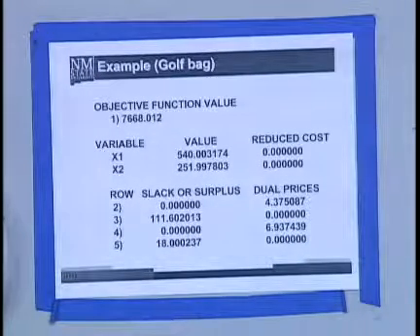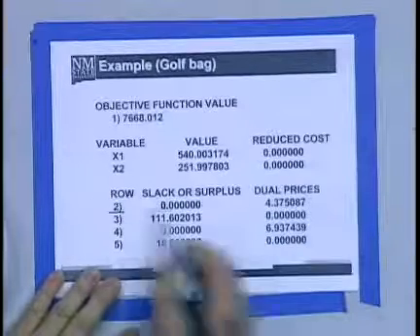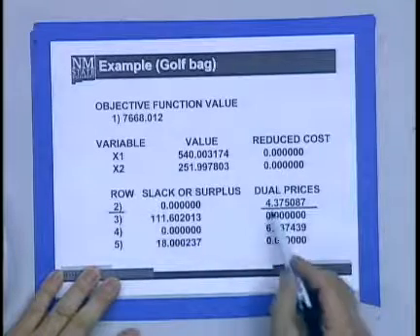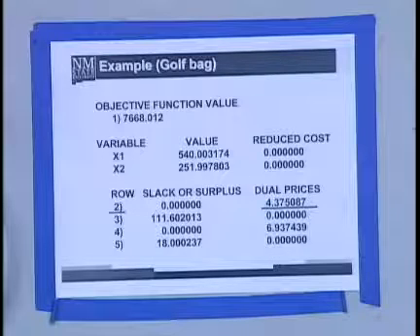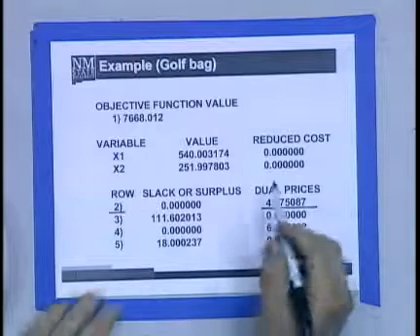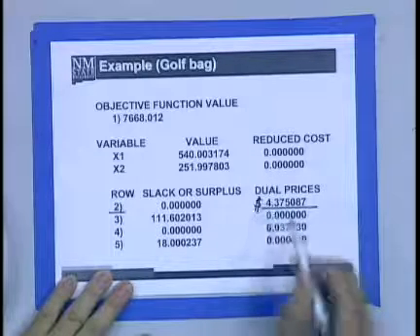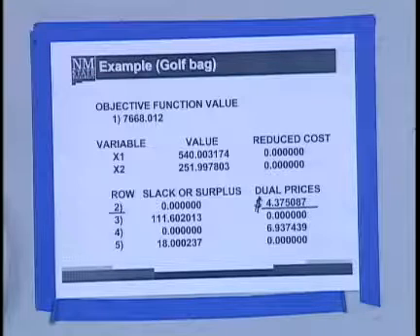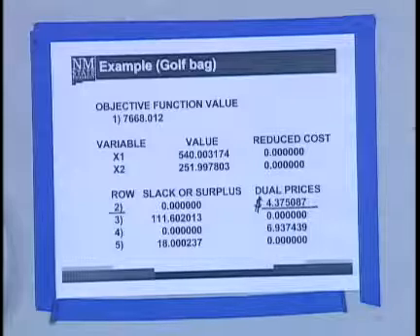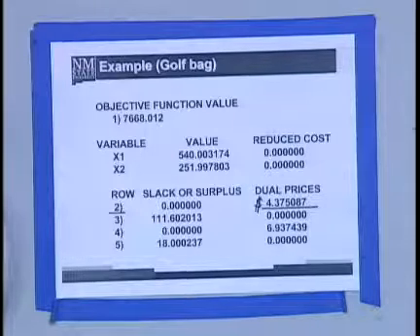Okay, here the dual price is 4.375087, which means the objective function will increase by $4.3750 per additional hour of the cut and die department.